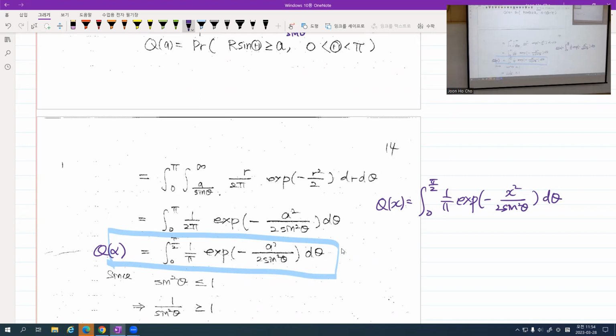So you have the theta axis ranging from 0 to pi over 2. And then you have a function here in the integrand. What is that? That function must be interpreted as a function of theta, parameterized by x.